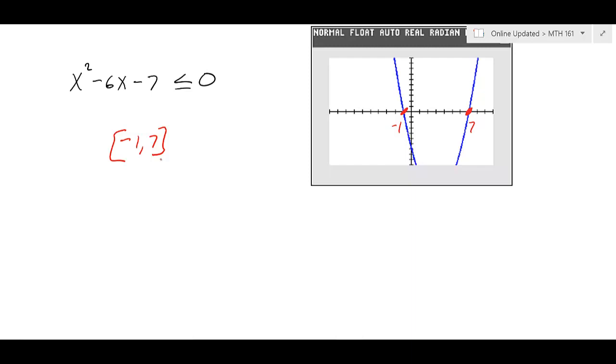Just like if we were to write this answer this way, we would say negative 1 is less than or equal to x is less than or equal to 7. Just like the less than or equal to here, the equal to part means the negative 1 is included. That is the same thing as the bracket up here.